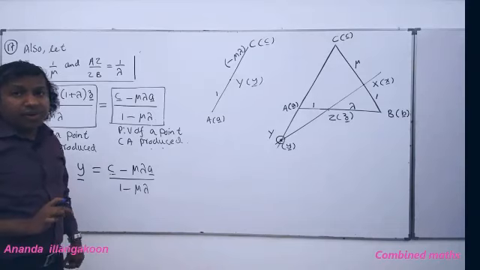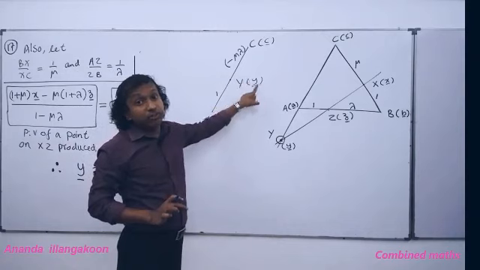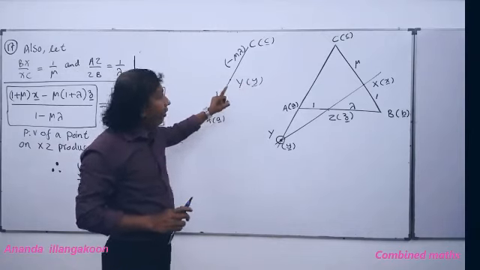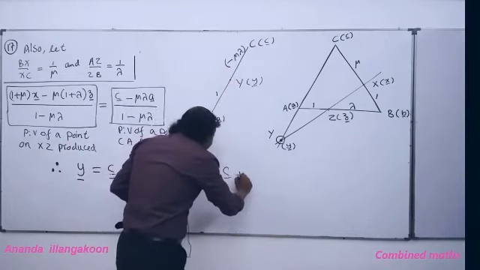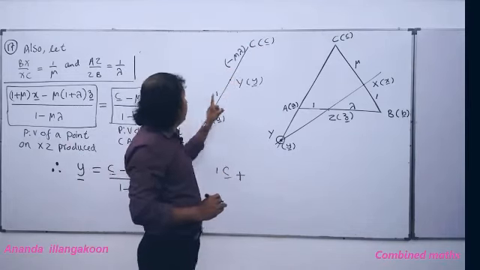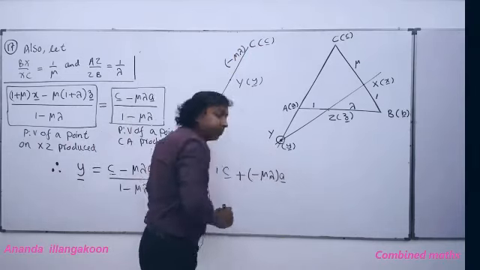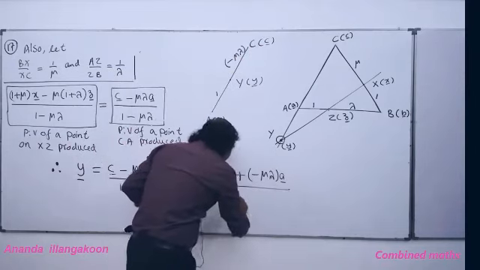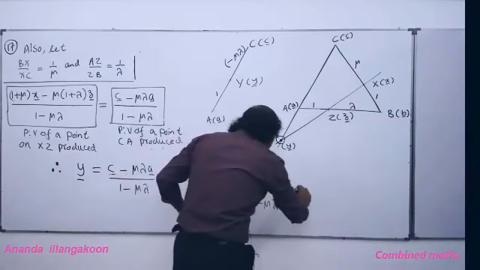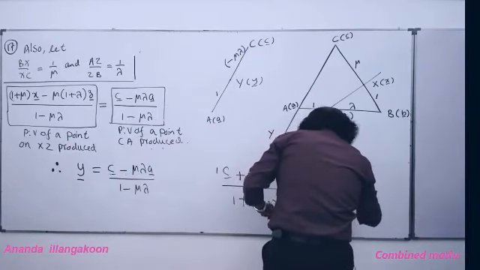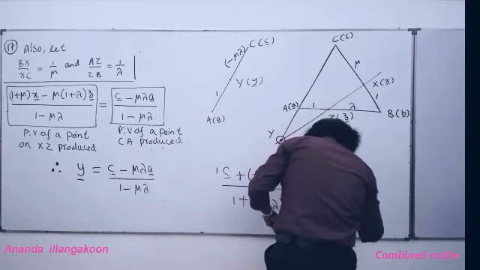Then once you apply the ratio theorem to this to write this small y vector, how to write that? 1 into C plus this ratio into this. What is that? Minus mu lambda A divided by 1 plus minus mu lambda. Simplify this, what do you get? C plus minus mu lambda A divided by 1 plus and minus.